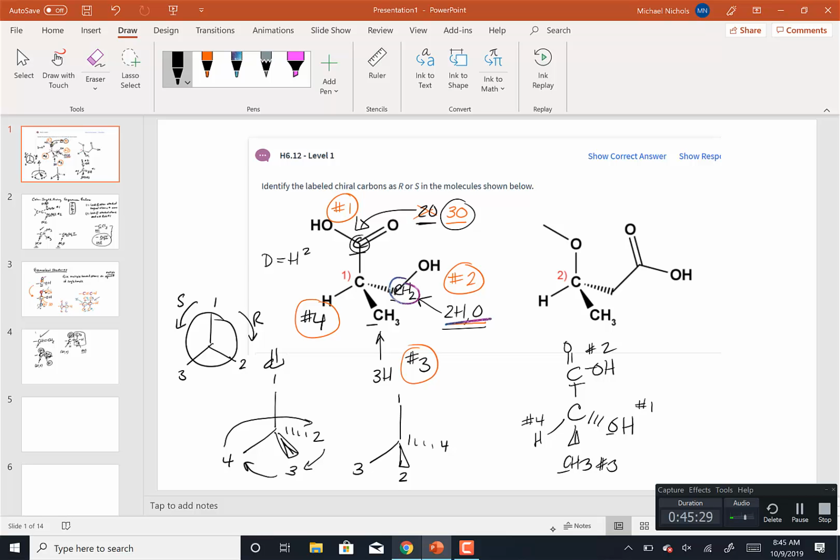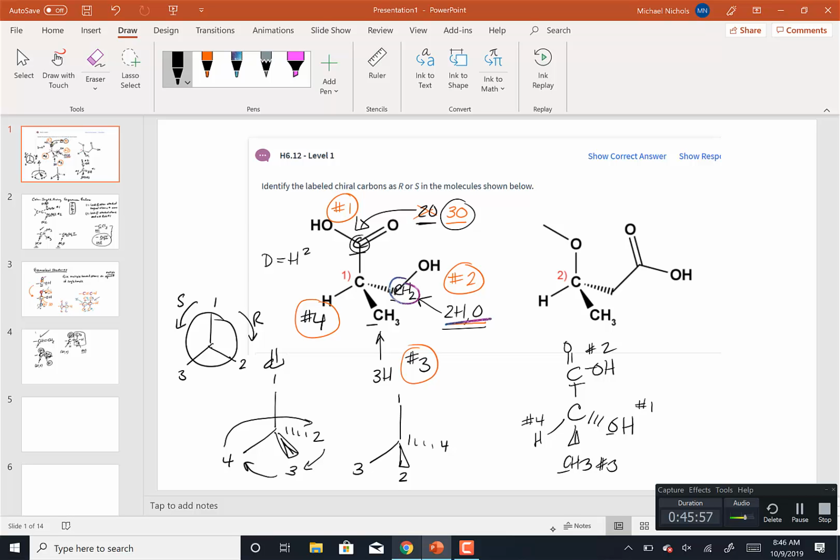Now, if you watch the video on this, grabbing number 1 is basically the equivalent of rotating in a Newman projection. So if I was looking up towards 1 from underneath, I would see this Newman projection.